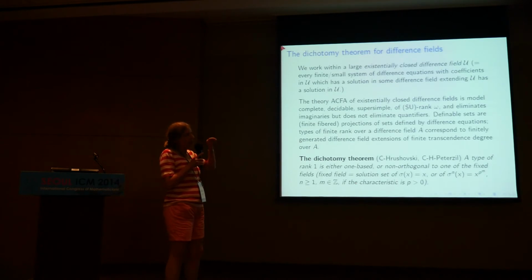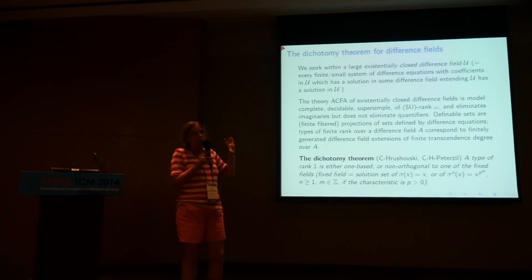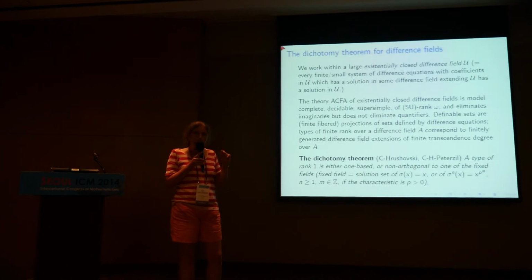So you have your element, your tuple A. It turns out, over your set of parameters K, that if it's non-orthogonal to the fixed field of sigma, then actually the difference field that A generates over K is going to be of transcendence degree 1. And what happens is that maybe at the cost of increasing K, you are going to get that A is equi-algebraic with some B which satisfies sigma of x equals x, all right?